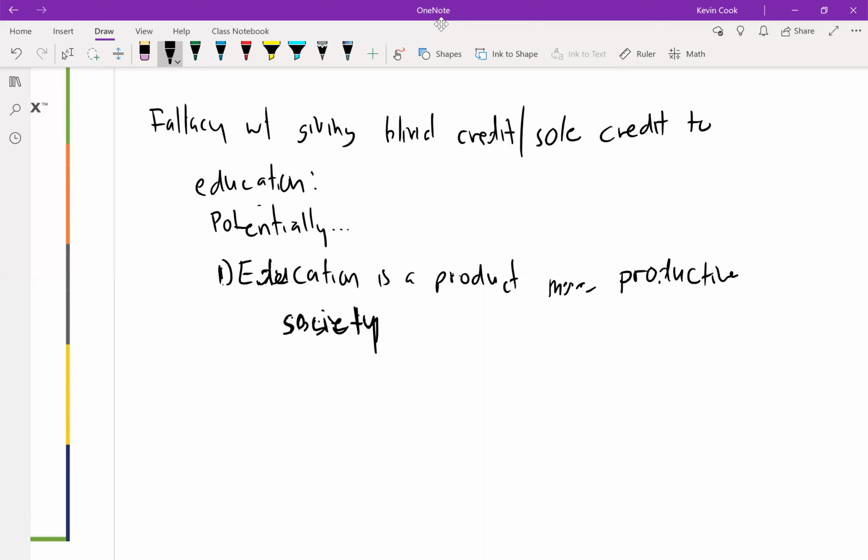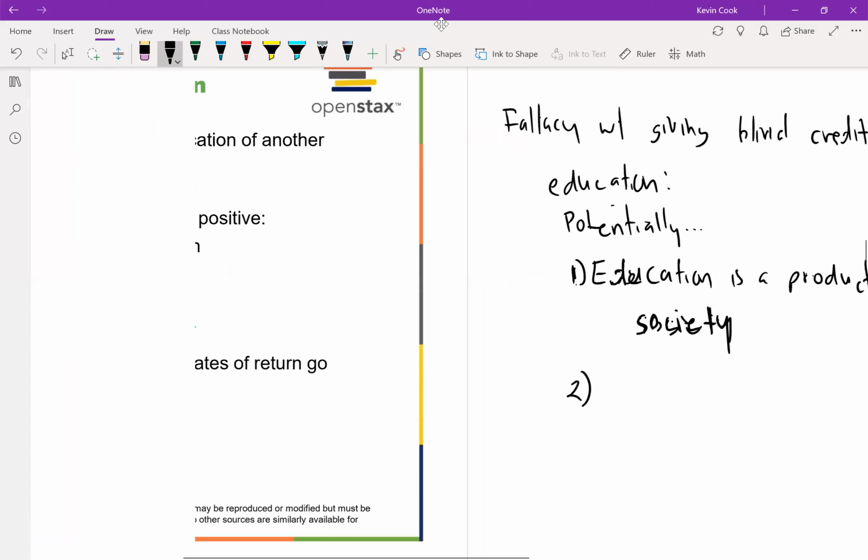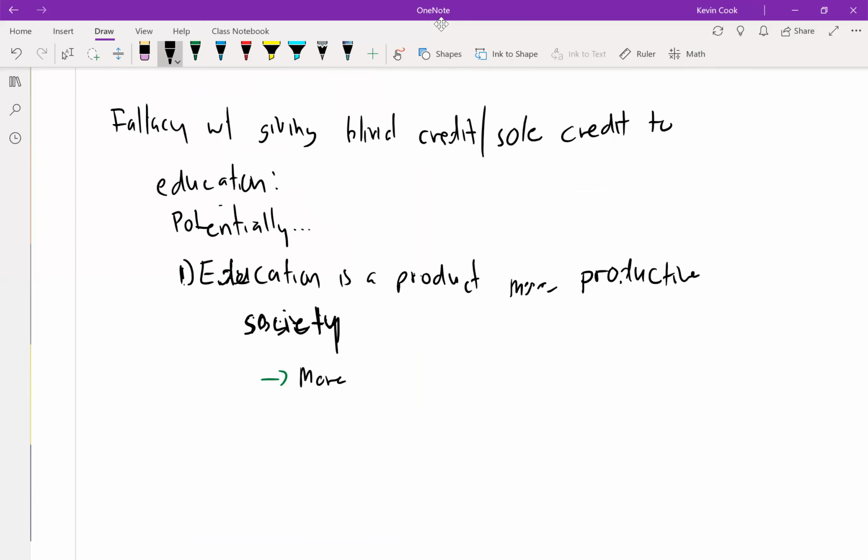But also, a second thing that we can see: with this more productive society, we'll also see a more stable government. And I just want to come back to those examples that they gave.